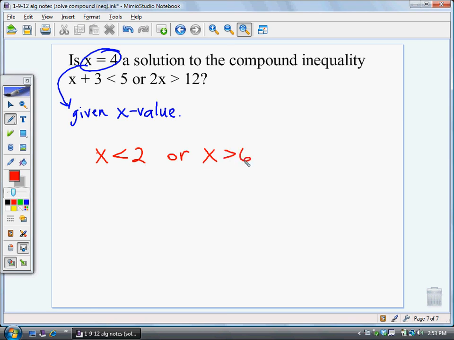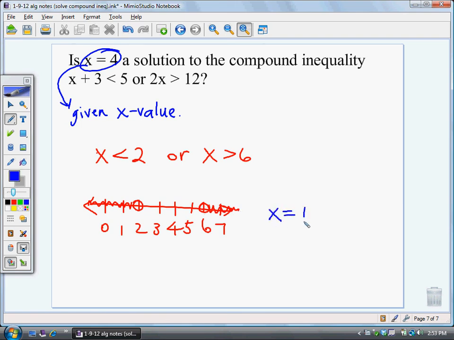So there's my solution. And if I just do a quick number line graph, x is less than 2 would be an open dot here, and you'd be shaded this direction. X is greater than 6 is an open dot there, and you'd be shaded that direction. X equals 4, remember, was my given value.